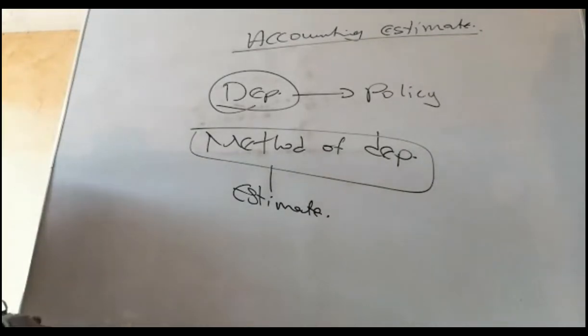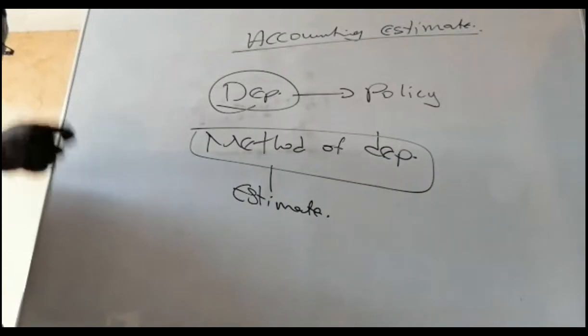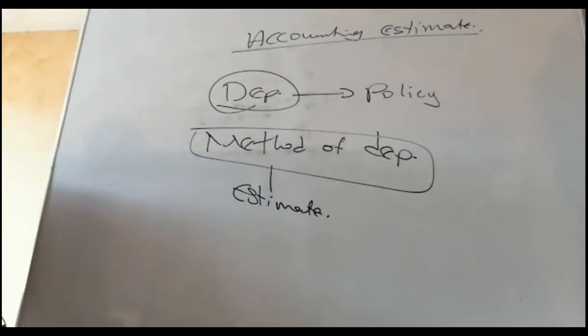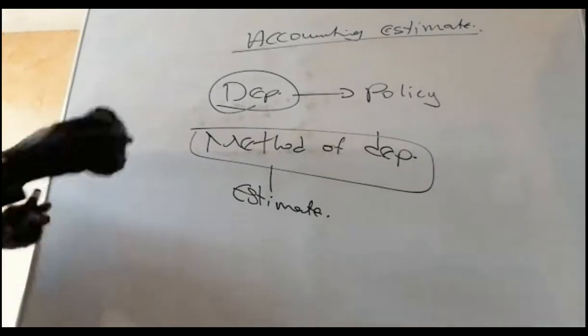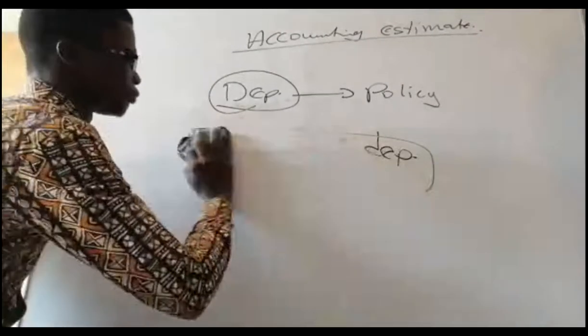That is a policy. But to determine the marks or the completion year is an estimate. To determine the year that you're going to complete, that's an estimate because it is unknown. Good. Now let's bring it to the business environment.